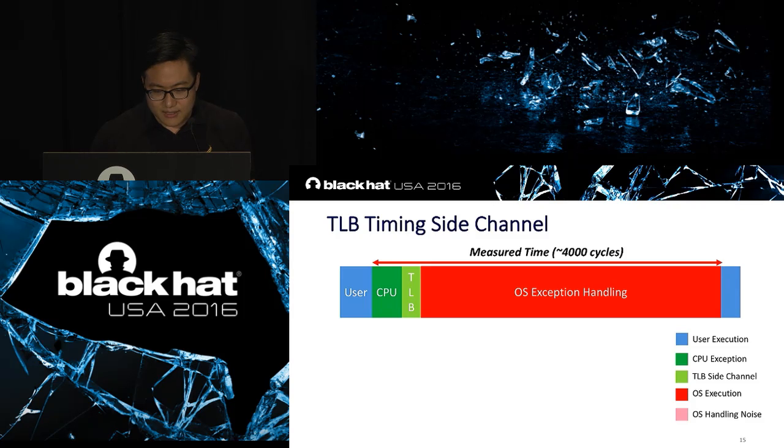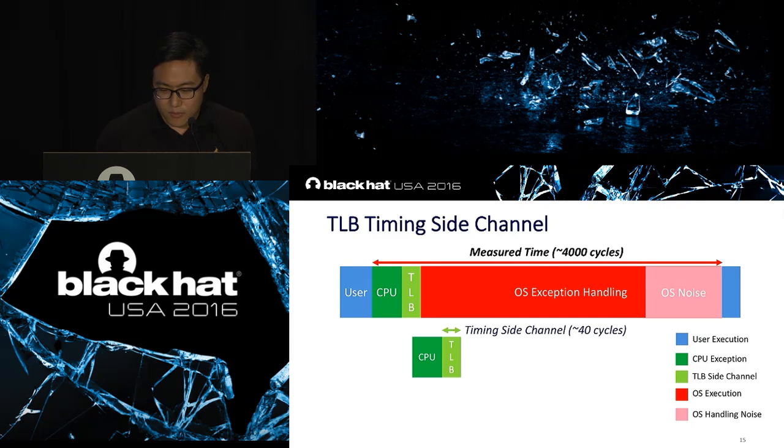While we measure cycles around 4,000, most of the time is consumed on the operating system side. And the lengthy execution in the operating system part could suffer lots of noise because there could be scheduling interrupts or other exceptions, etc. Compared to the origin of the side channel, where the TLB hit-miss causes just around 40 cycles, this noise in the operating system is much more than that.